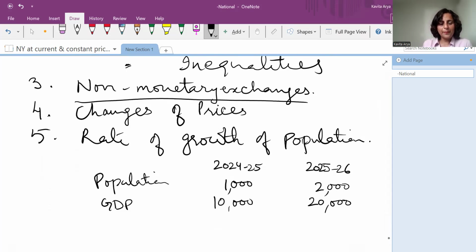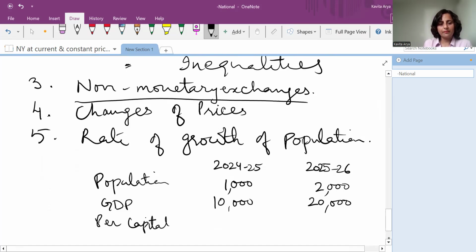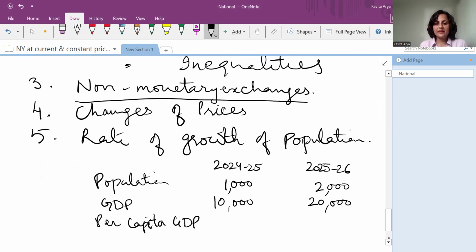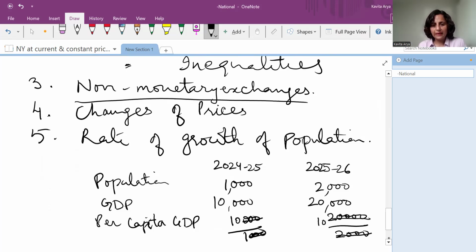Just check the per capita GDP here. Per capita GDP is GDP divided by the population. So I have 10 units here. And here the GDP is 20,000 and the population is 2,000. Hence, again, the answer comes out to be 10. What does this example tell me?